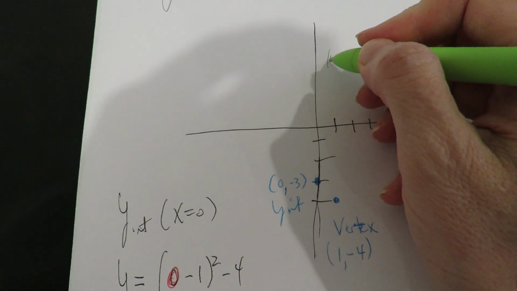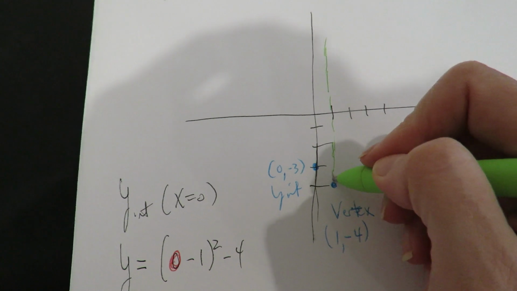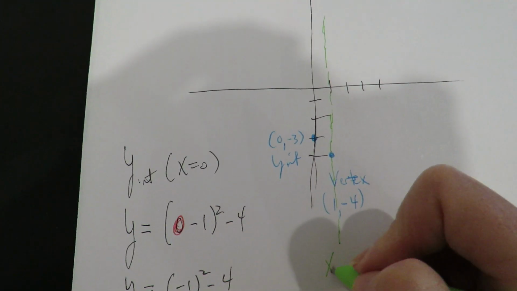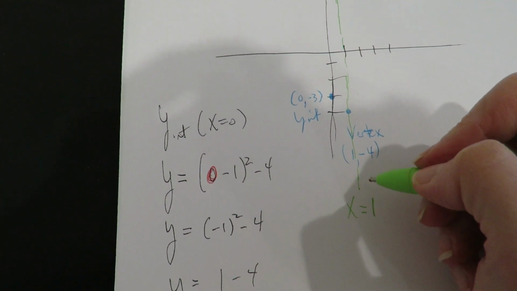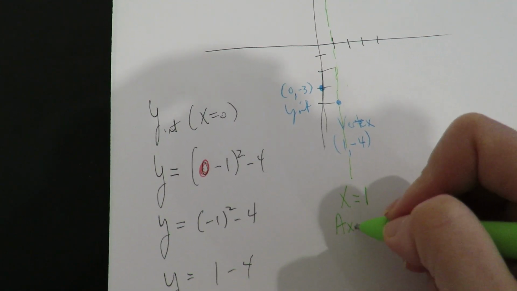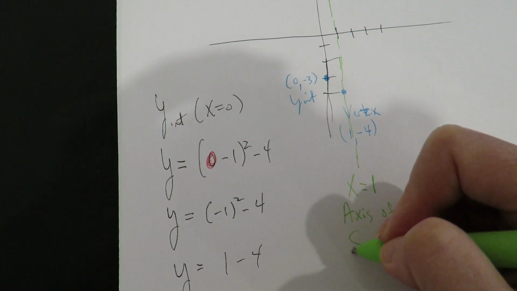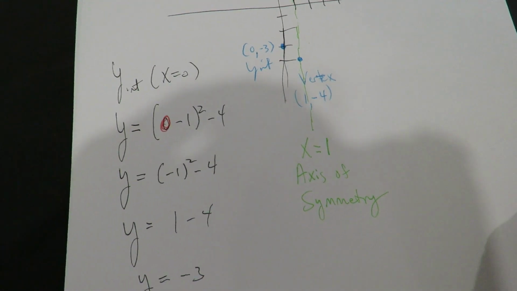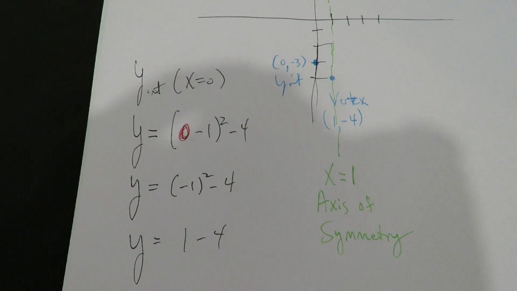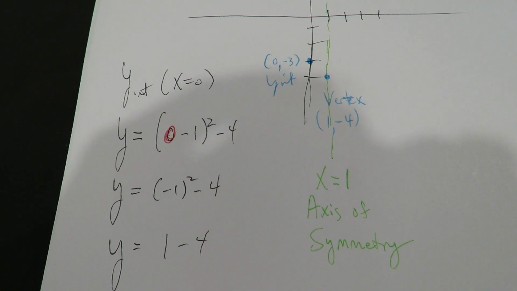Just as a reminder, the axis of symmetry always goes through the x value, or the h value if you want, of the vertex. So the axis of symmetry means that it's equidistant on either side of this line.